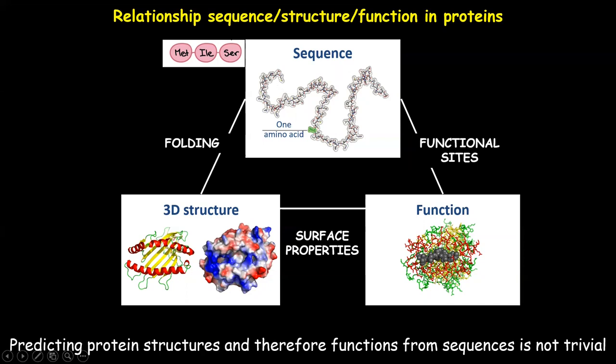One difficulty is that, as you see, the linear sequence of the protein we can get from the linear sequence of the genomes, of the genes. But going from that linear sequence of amino acids to the structure is tricky. That's not trivial. Predicting these protein structures and functions is really not trivial.